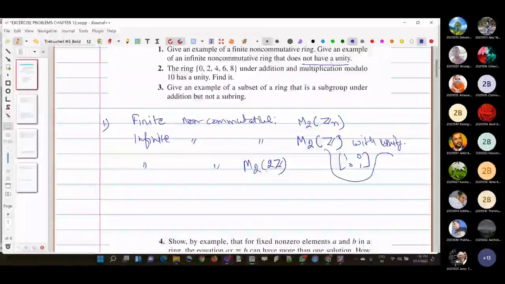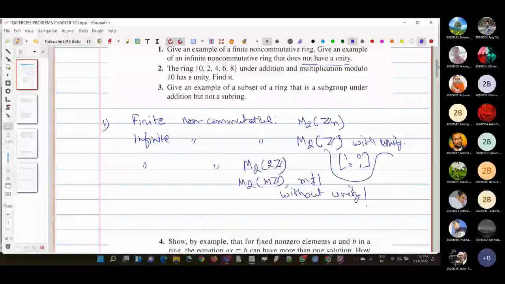In general, we can write MZ, and you need to make sure that m is not 1. So this is a ring without unity.